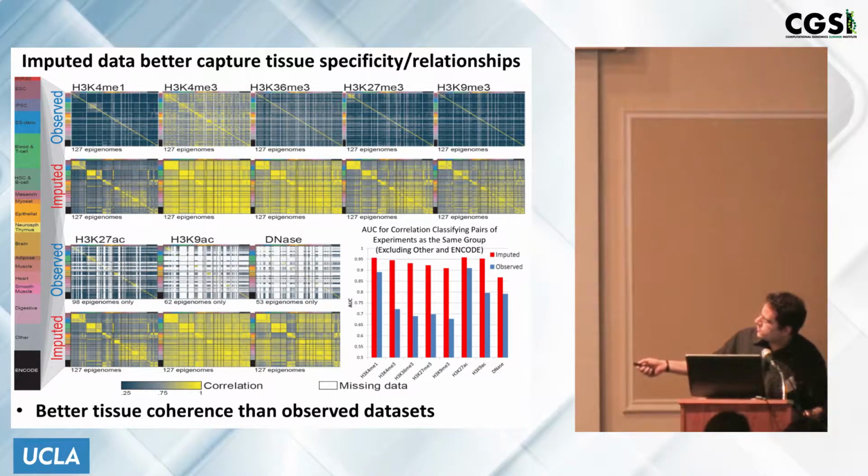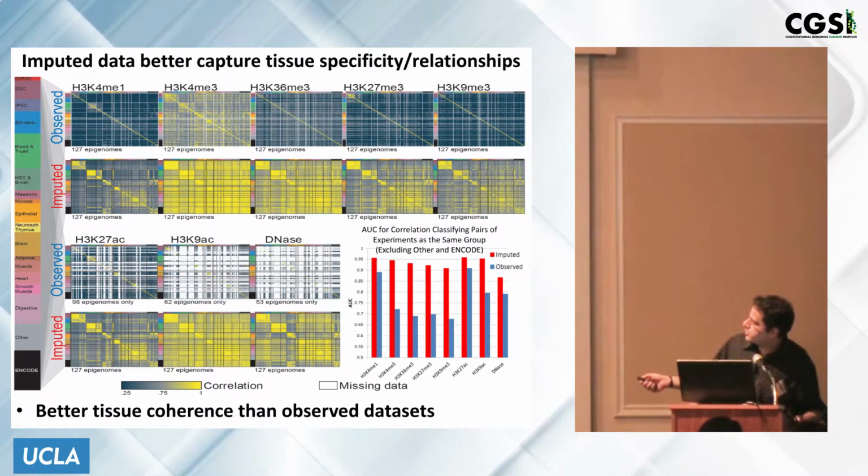These experiments are ordered based on the known biological grouping of the cell types. And white means there's no data available for that mark in that sample. What you should be able to see visually is there's a much clearer block structure here, corresponding to the known biology, than when you look directly at the observed data.